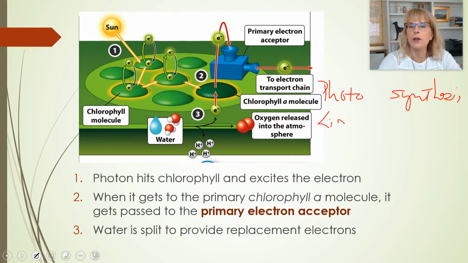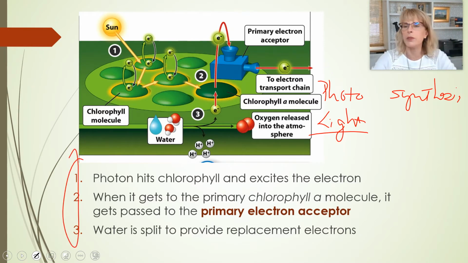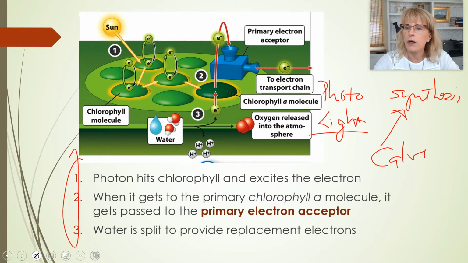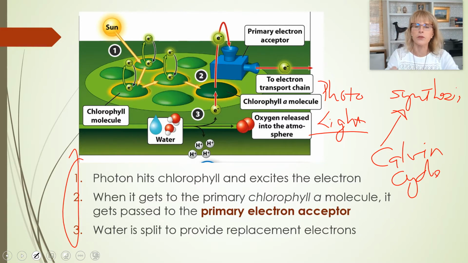Photo refers to all of the parts that need light, and the light dependent reactions are these first three that we talked about. And the second part is going to be all of the synthesis reactions, which means building the actual glucose molecules. And particularly important to the synthesis reactions is the Calvin cycle, right? So photosynthesis is photo and synthesis.